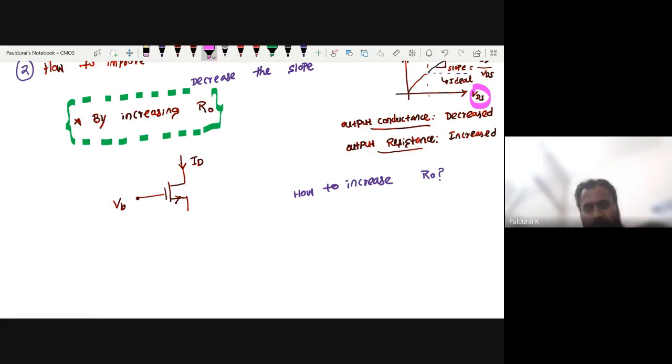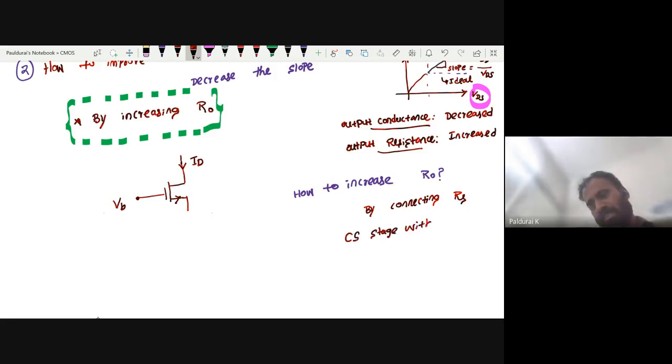And as Kogul told, very good. Of those 5, how to increase RO is by connecting RS. This is nothing but common source stage with source degeneration, correct? The one we discussed in common source stage. Okay, so let me connect one RS.